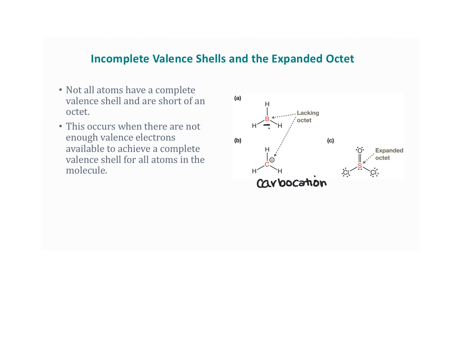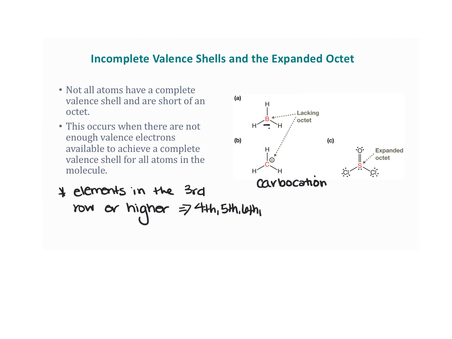The other thing that you can see is if you have elements in the third row or higher. Now, your book says in the third row or below, and that's really by looking at the periodic table. But I want you to understand it's the third row, fourth, fifth, sixth, and seventh.